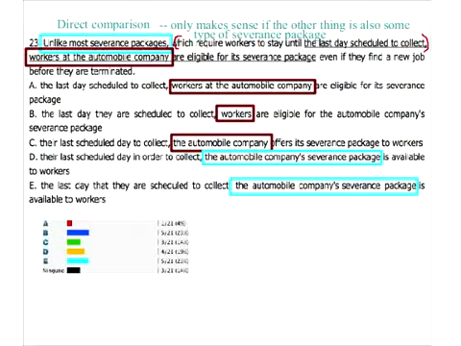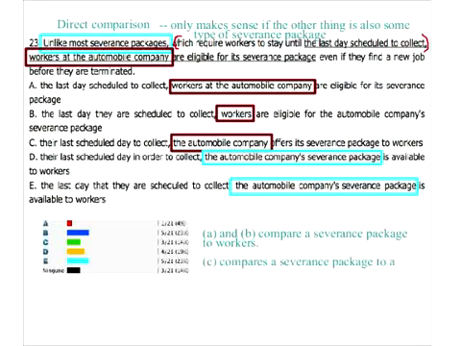So A and B compare a severance package to workers. That doesn't make sense. C compares a severance package to a company. That doesn't make sense either.